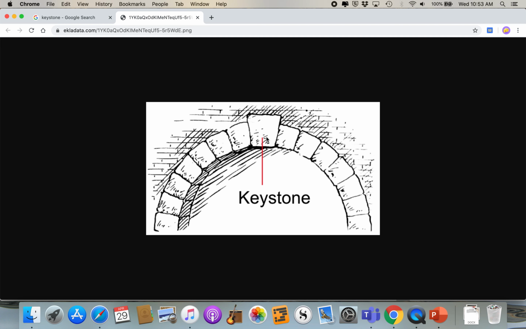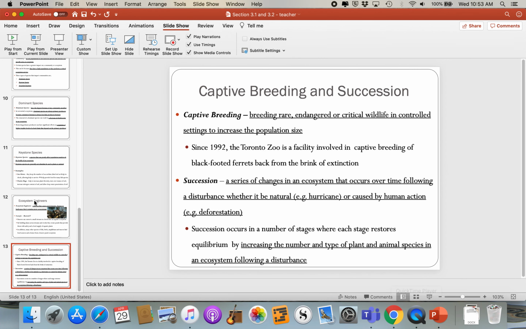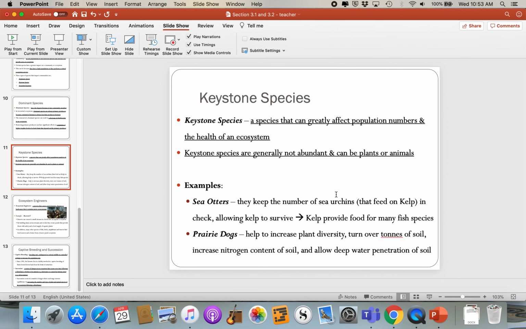If I took a sledgehammer and knocked this single stone out, the whole arch would collapse, right? And then I wouldn't have this structure anymore. So it's key to the stability of the structure. That's why we call these animals keystone species. If you remove them, right? If you knock this one stone out, everything else falls apart. So that's why they're called keystone species.